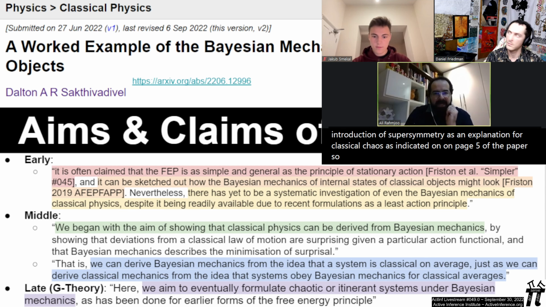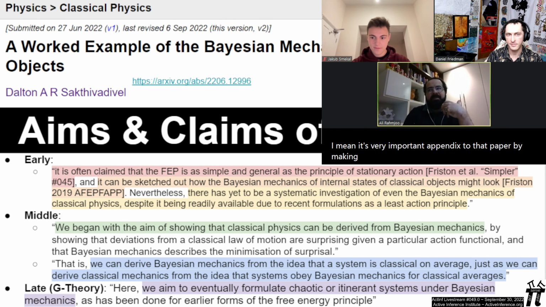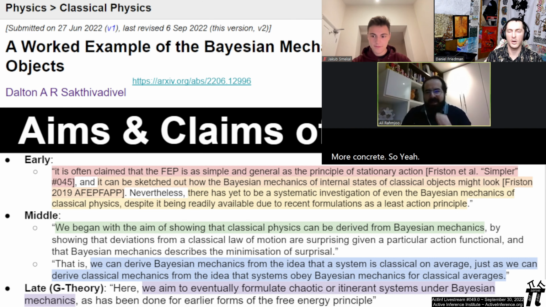So I think this paper is, in some way, a kind of expanded footnote to the previous papers, but also adding some new results. I mean, it's a very important appendix to that paper, making some of the theoretical claims, specifically in the Bayesian mechanics paper, more concrete. So yeah, I just wanted to point that out as well.